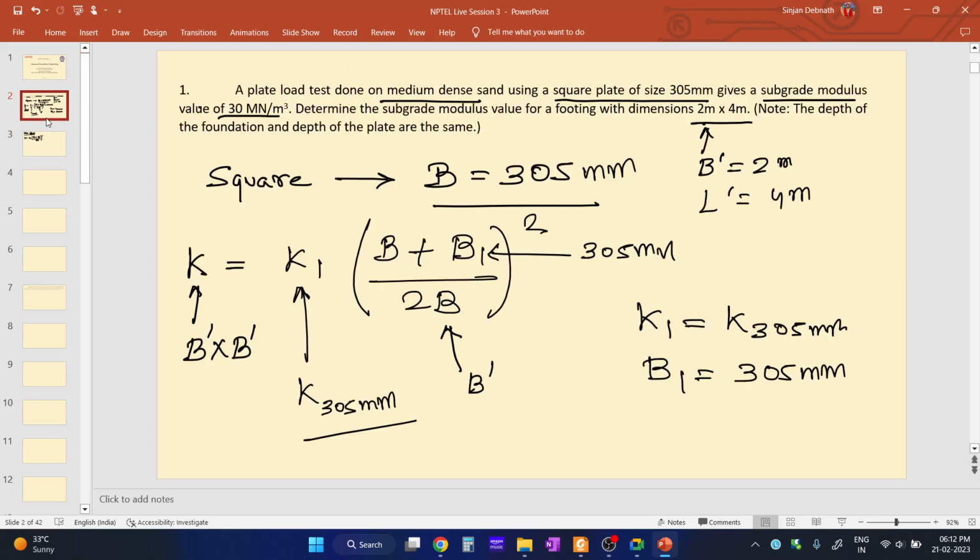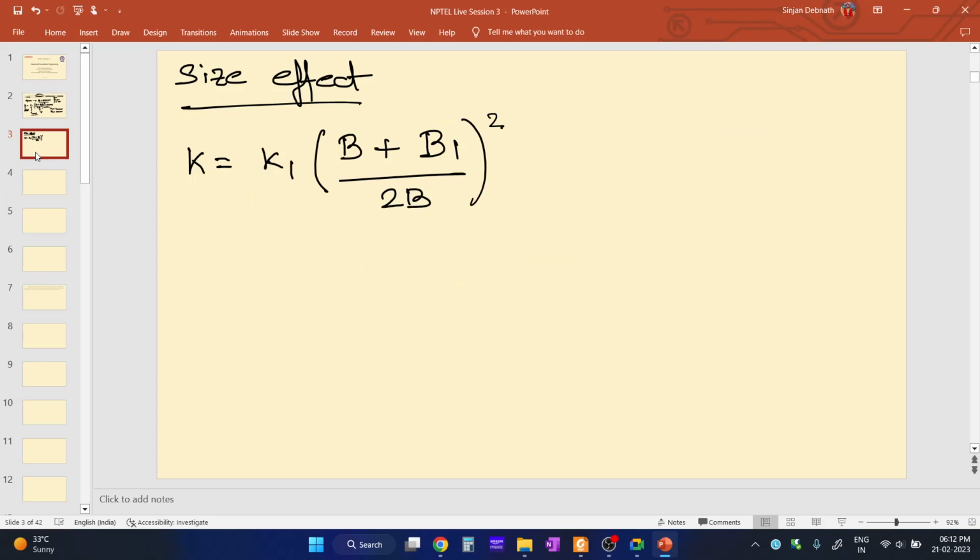This is for the medium dense sand actually. In this question it is mentioned that this is a medium dense sand. This particular equation is for any sand actually.